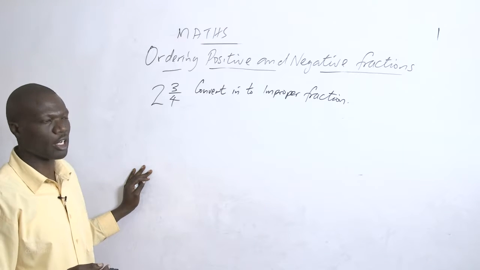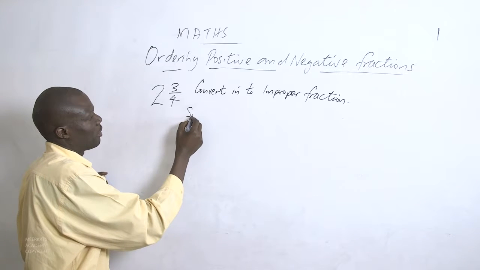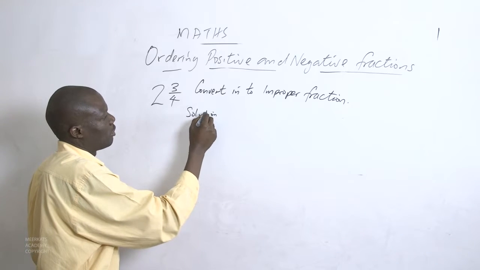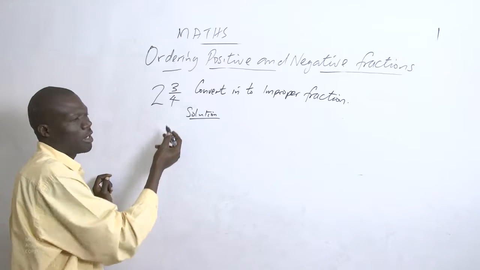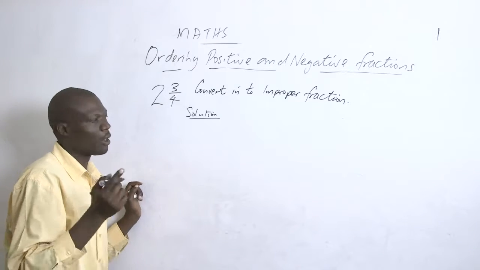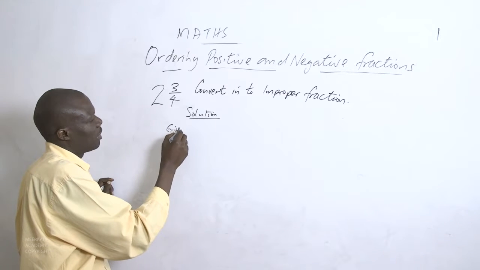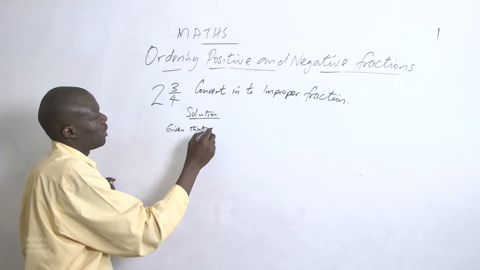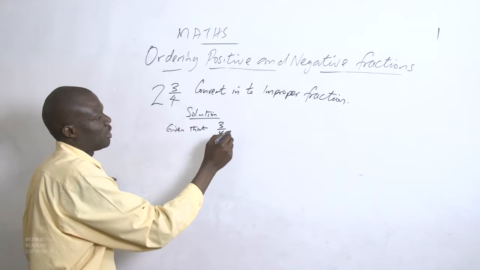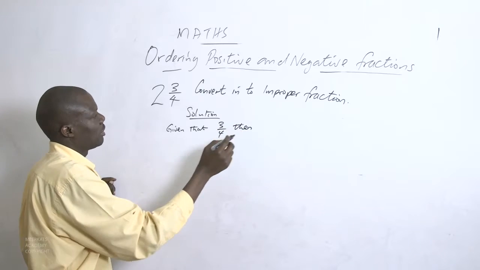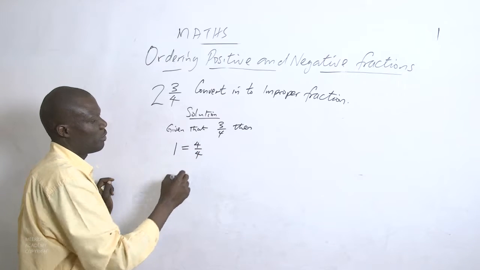We shall start with method 1, where we have two whole numbers. From the denominator of 4, given that we have 3 over 4, 1 is the same as 4 over 4.